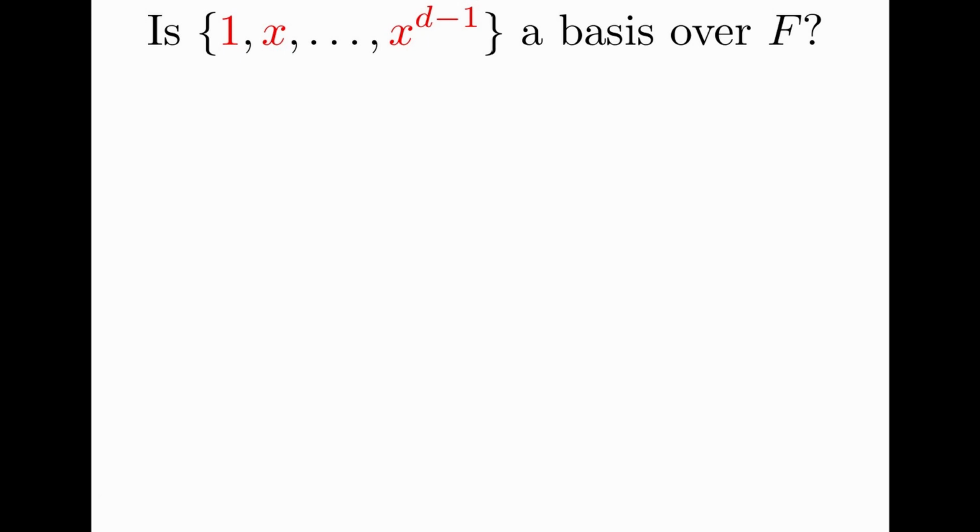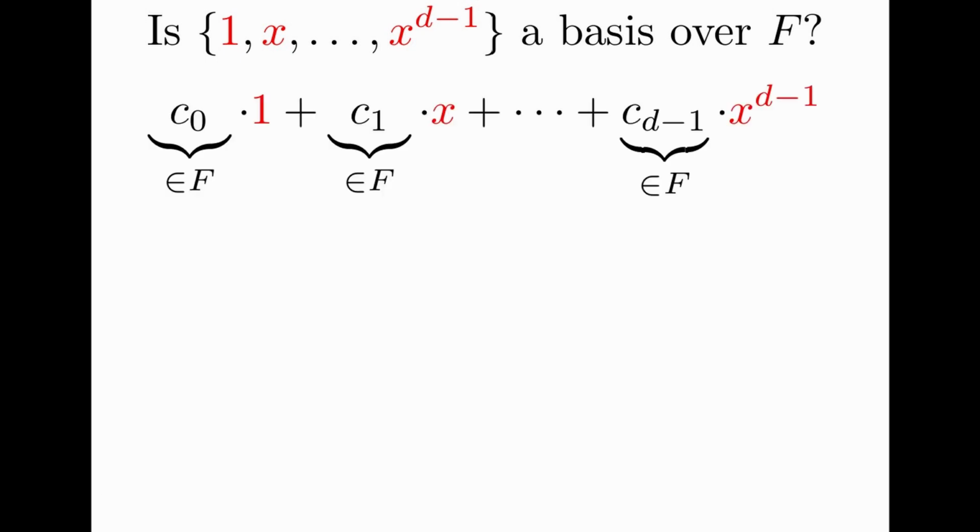vector space. To do that, let's first consider the possible linear combinations of these elements, the linear combinations of powers of x. Well, in this case, we're looking for a basis over F, so the coefficients are going to be in the field F. The linear combinations are going to look like c0 times 1 plus c1 times x plus c2 times x squared and so on, all the way up to x^{d-1}.